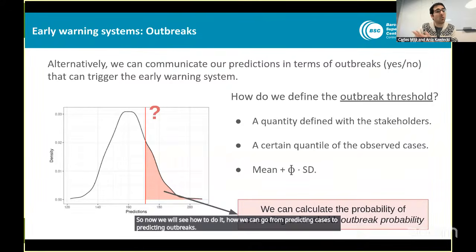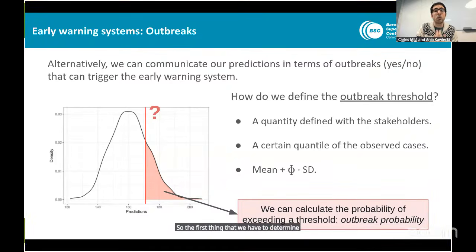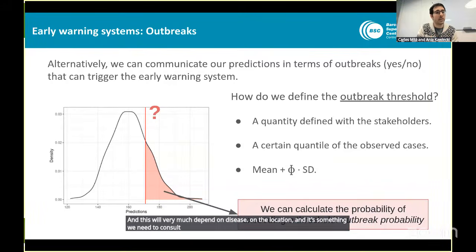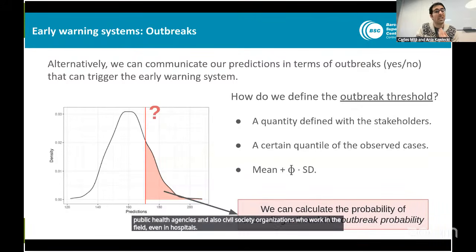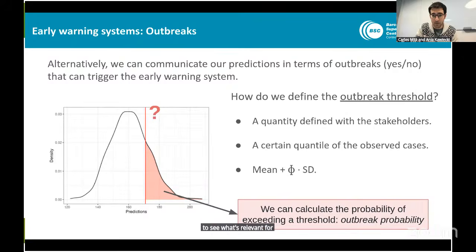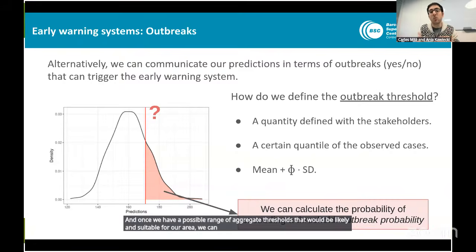So the first thing we have to determine is how we find an outbreak threshold. This will very much depend on the disease and the location, and it's something we need to consult with stakeholders, public health agencies, civil society organizations who work in the field, even hospitals, to see what's relevant for a disease in a given location. Once we have a possible range of outbreak thresholds that would be likely and suitable for our area, we can also use data-driven ways to determine that threshold.